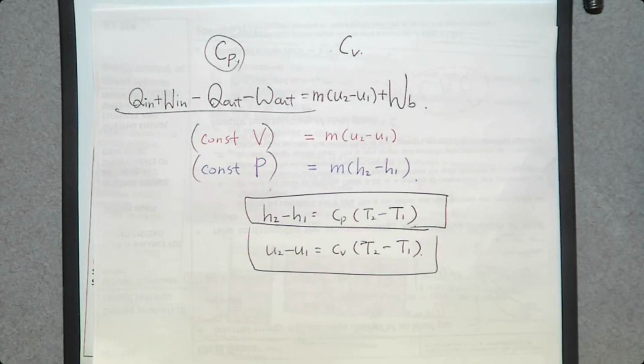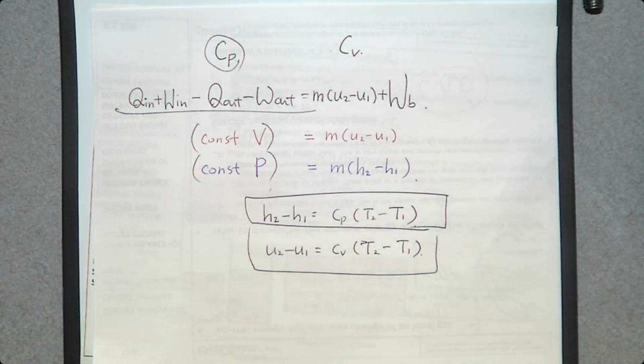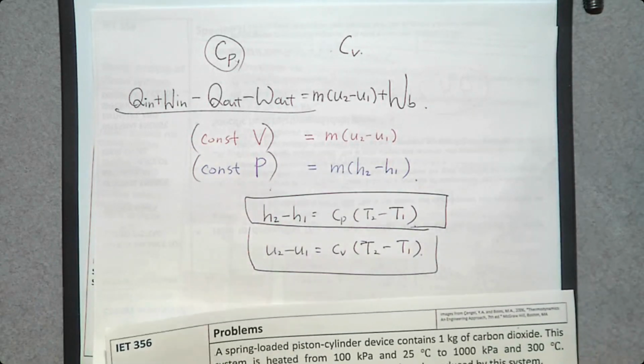You just need to know the temperatures at the initial state or at the final state, which you can save time, right? So that's it. Now let's solve a couple of practice problems together to learn how to use them and how easy these are compared to phase change materials.